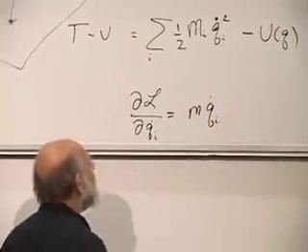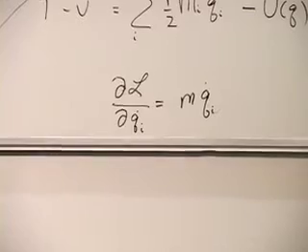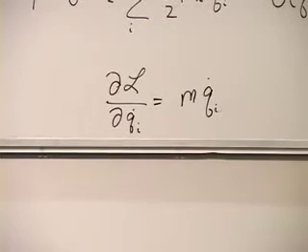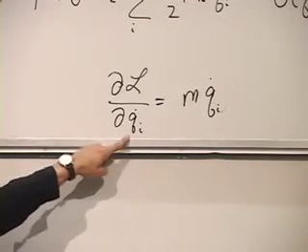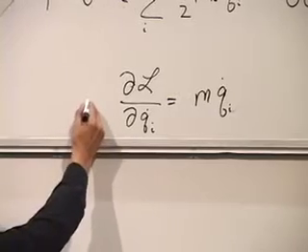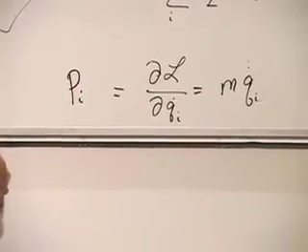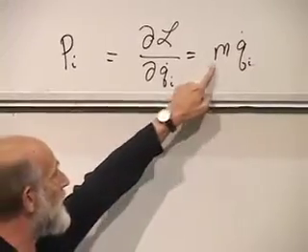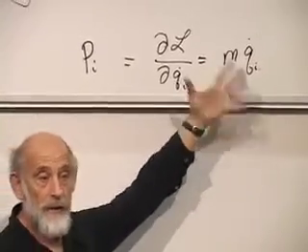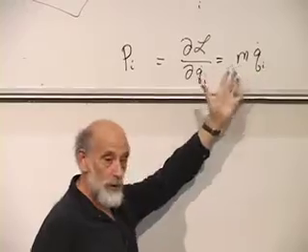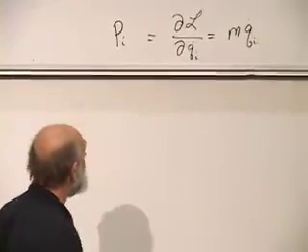This quantity is also known as the canonical momentum conjugate to the coordinate q, and it's often written p sub I. Notice that it is the momentum, mass times velocity, for the usual particle on a line.